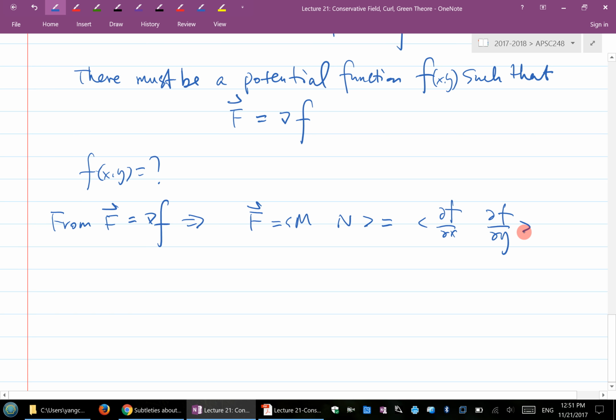Now if these two are the same, it basically means this M function has to be partial f partial x, and the N function has to be partial f partial y.